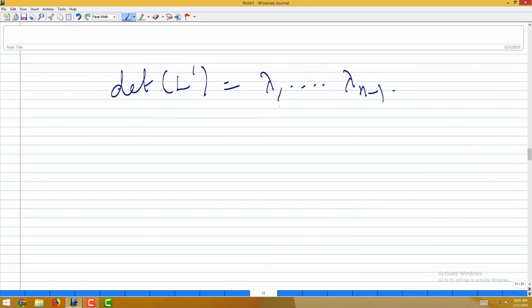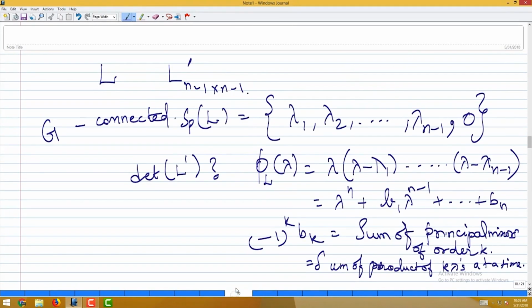So, we will be doing this count. I said we are going to do this over all possible principal minors. So, in this part here we would have taken all possible principal minors. So, every principal minor will give you n minus 1 product.